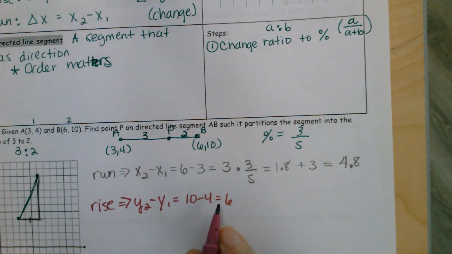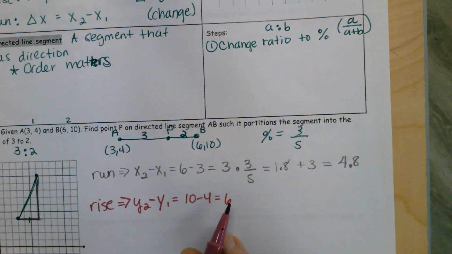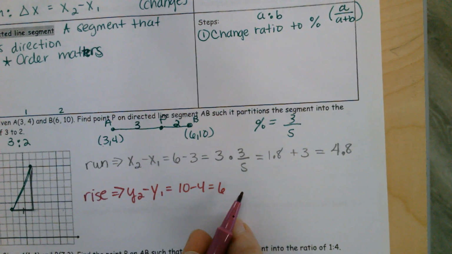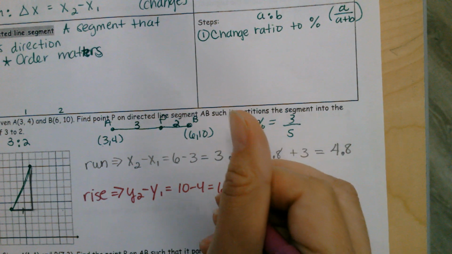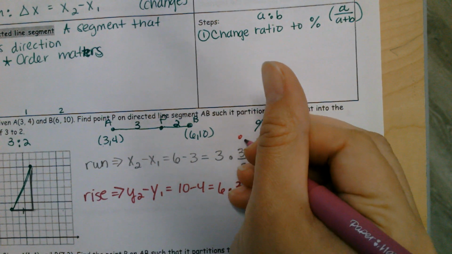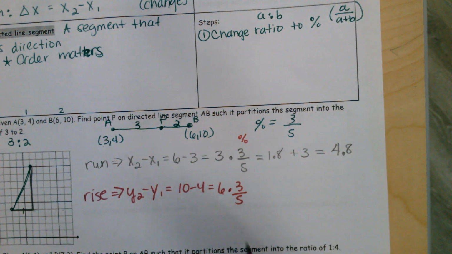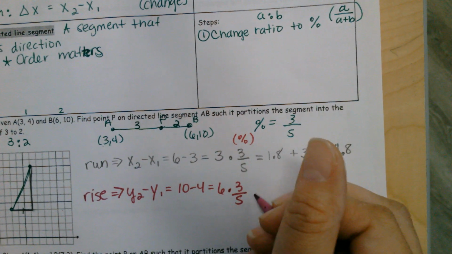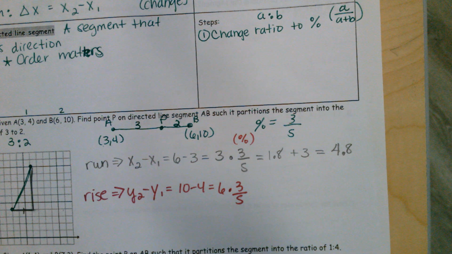Okay, so now we're at the same point where we found the run, and now we want to do what? Times 3/5, the percent. This is the percent. I get 18. 3 times 6 is 18, divided by 5.